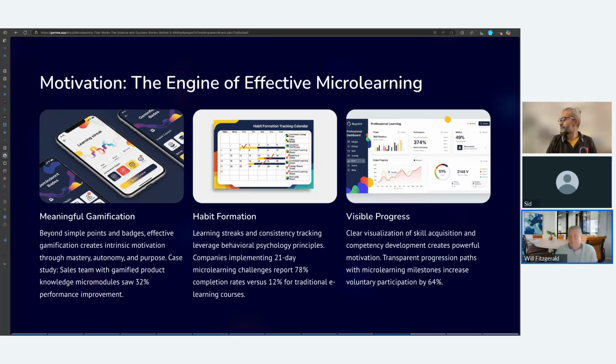Excellent. And obviously that visible progress. A lot of times we learn things and we are given information like, okay, you have completed this module or you have scored this percentage in the quiz. But beyond that, how does my learning journey relate to the overall organizational development?